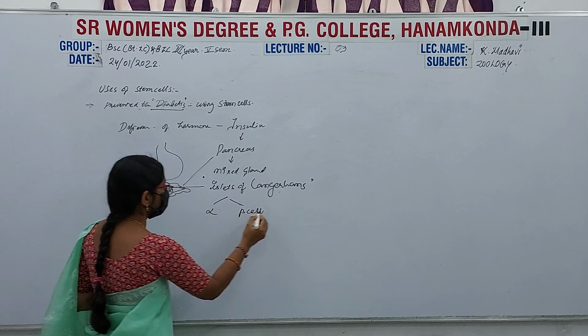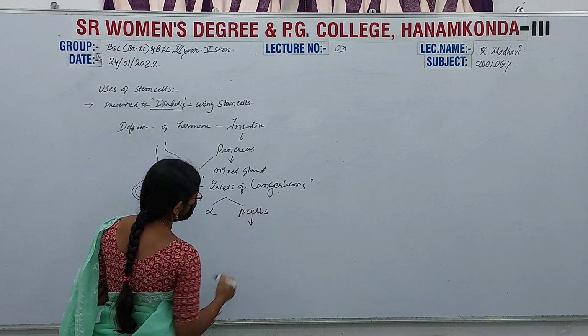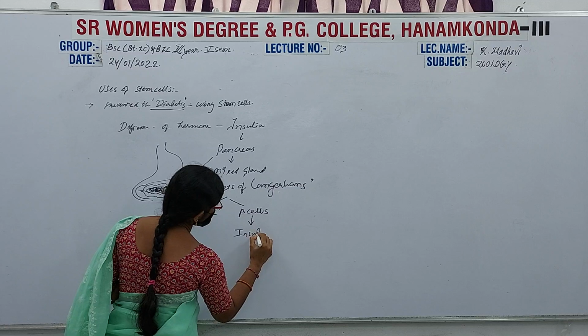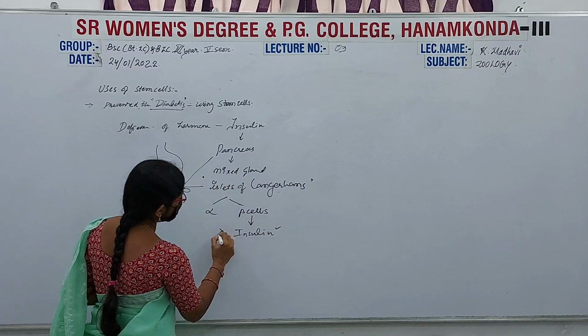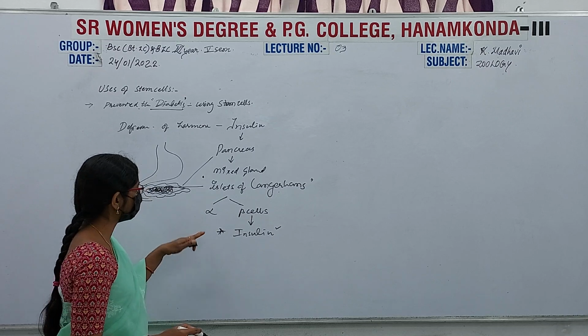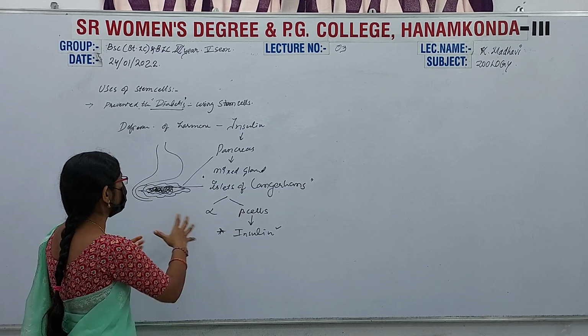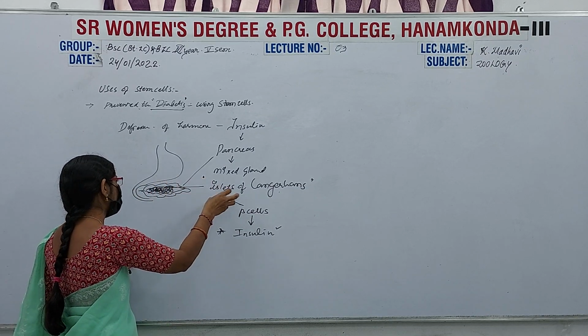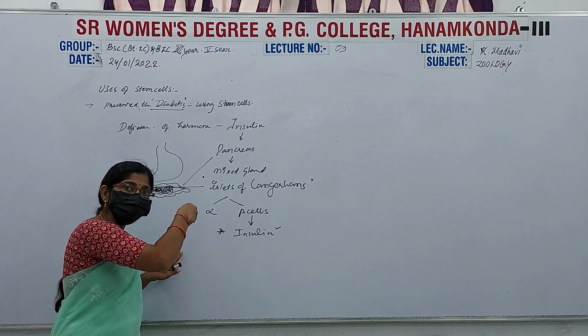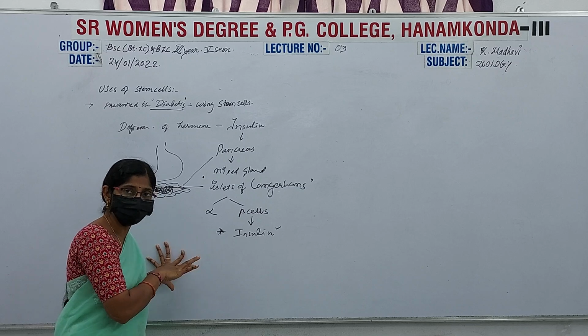Especially the beta cells have the capability of producing insulin. Our main hormone is insulin. This hormone is released from the pancreatic islets of Langerhans and enters the bloodstream.